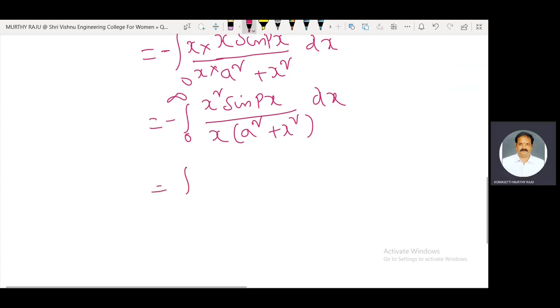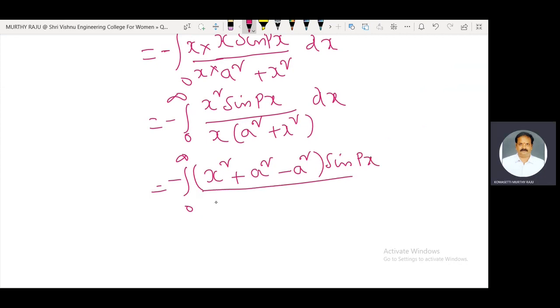That is equal to minus integral 0 to infinity, where a square is added and subtracted, x square plus a square minus a square, sin px by x into a square plus x square dx.